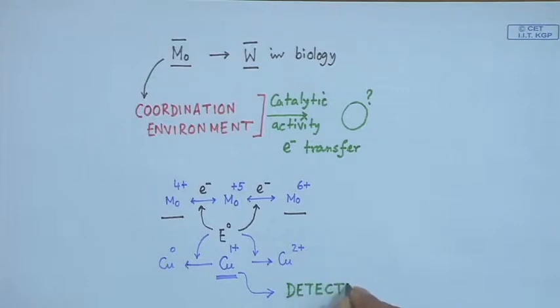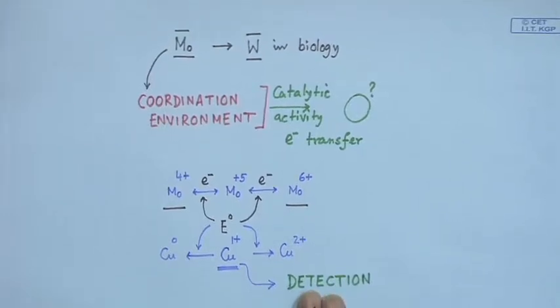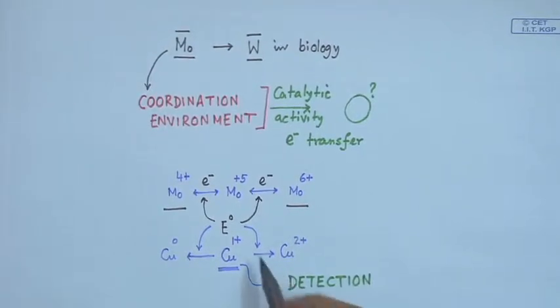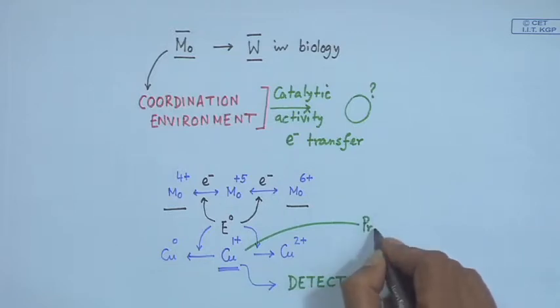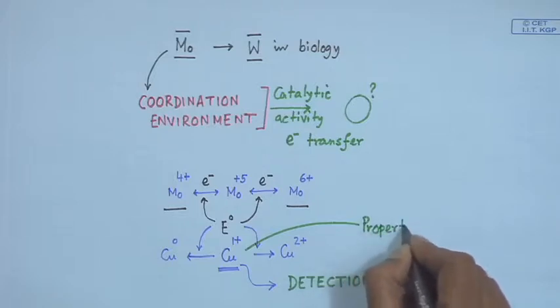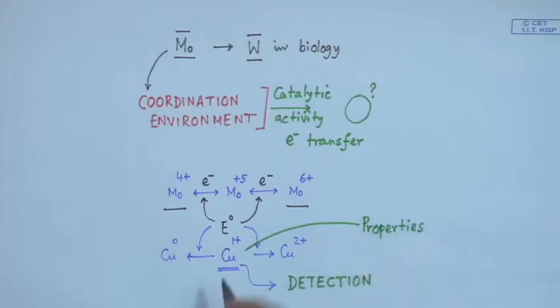So, how can we detect the presence of copper 1 in the system? We can have some spectroscopic methods, we can have some other techniques, and that depends on the corresponding properties. The physical properties of this particular oxidation state of this metal ion will tell us whether the copper 1 center, involving the other two oxidation states, that means the free metallic state and the cupric state, is present within the catalytic cycle.